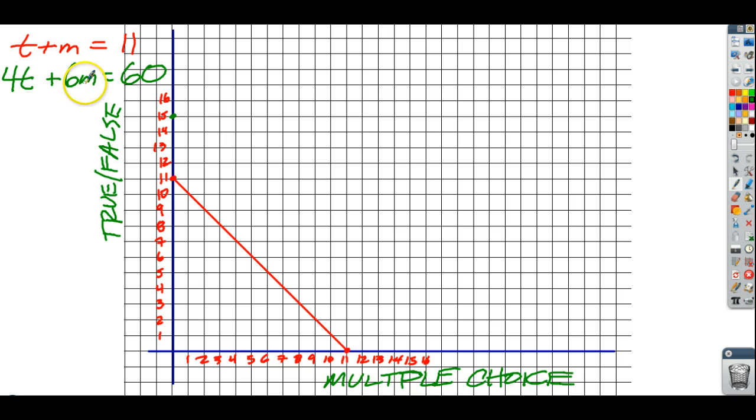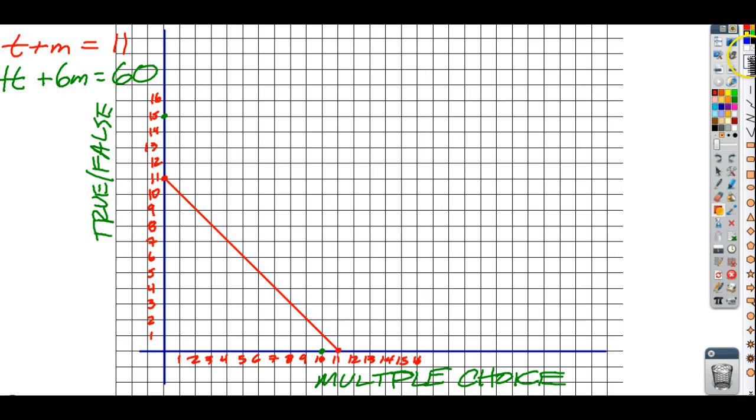And if I only made up this test of multiple choice, then I would have 10 multiple choice, because 10 multiple choice questions times 6 each would equal 60. So this line represents all the different ways that we can create 60 points from the different amounts of questions, okay?